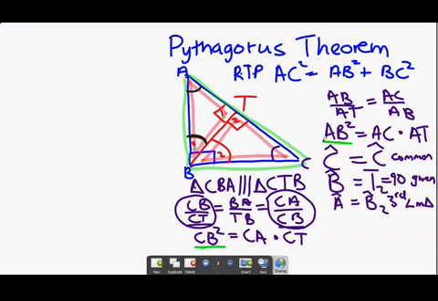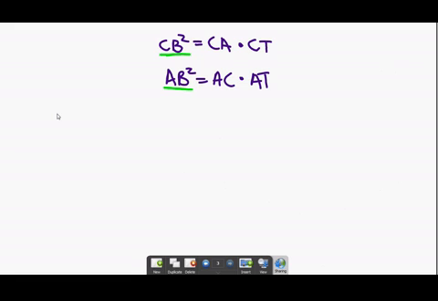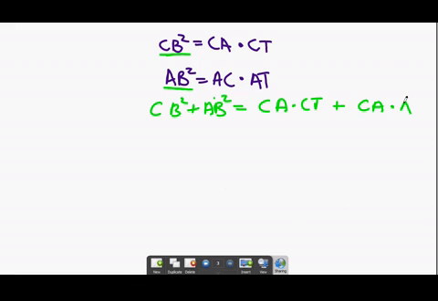So we now need to combine those through addition. Now we want to add these two. So we are going to say CB squared plus AB squared is equal to CA dot CT plus CA dot AT.